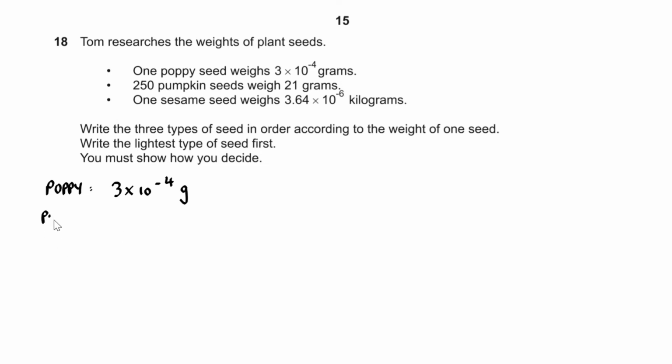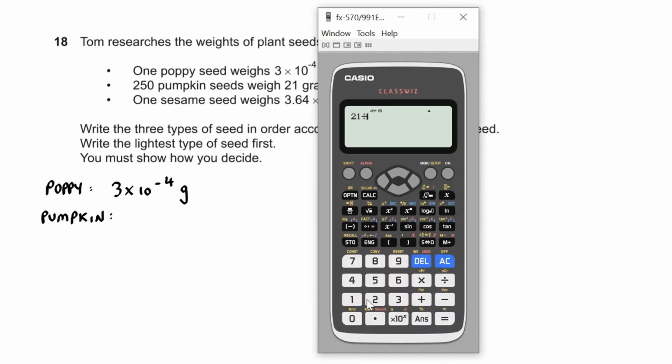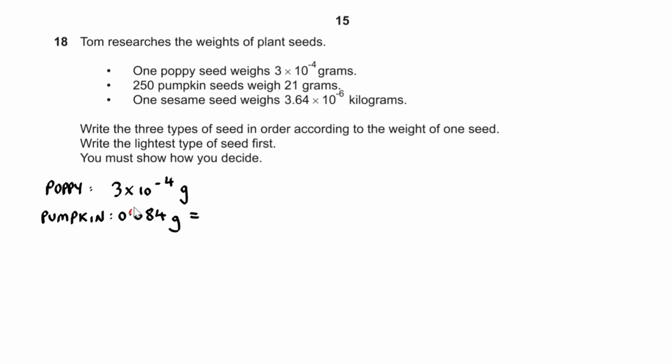And for the pumpkin seeds, well, we've got 21 divided by 250, which is 0.084 grams. And if we write this in standard form, well, what we'd have to do is move this decimal place 2 units to the right. So we've got 8.4 times 10 to the minus 2 grams.